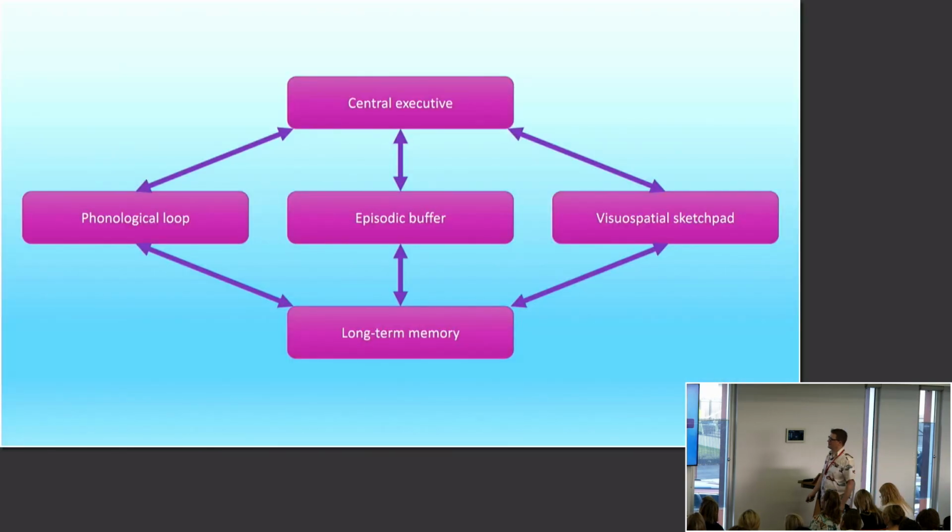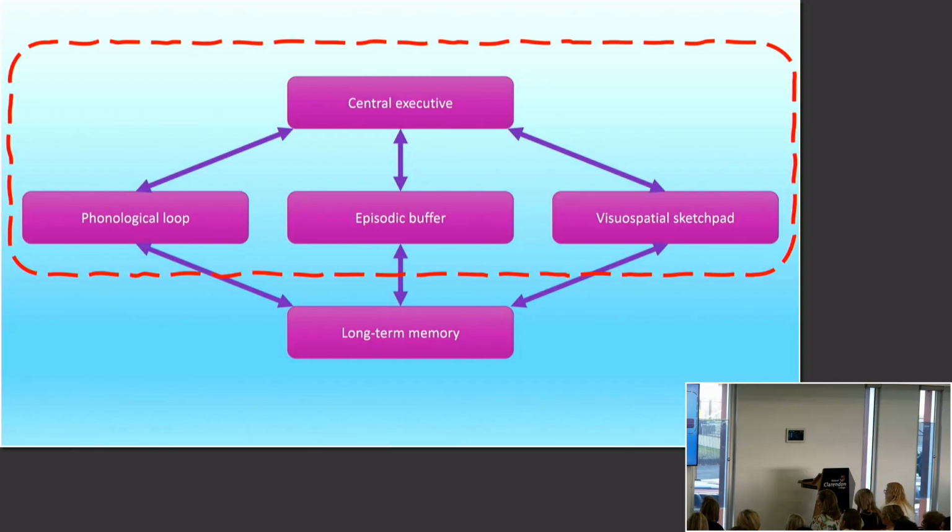So, this is a model of the mind. What I'm presenting to you is a model of the mind that was presented by Baddeley and Hitch in 1974. We've got there working memory and long-term memory. And working memory is this bit, okay?